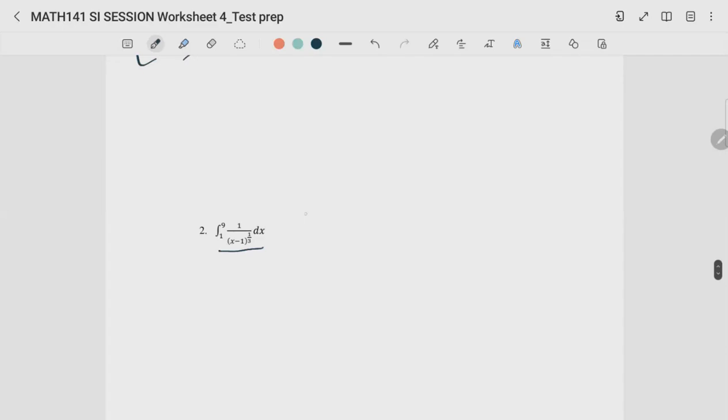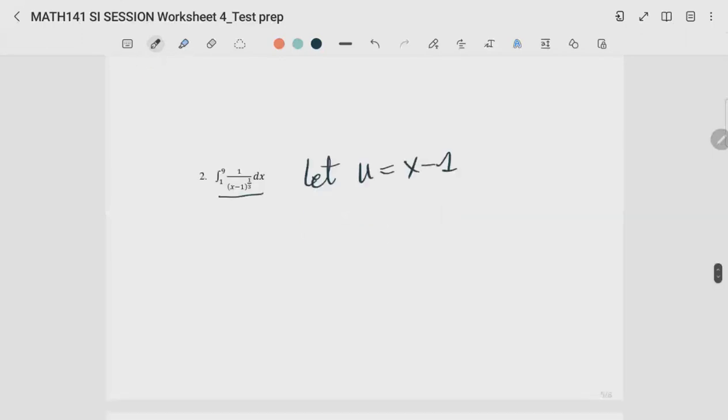Right, so the first step is your u substitution. We let u be equal to x minus 1, as was suggested. So then du is equal to dx. Then you bring it into the expression.